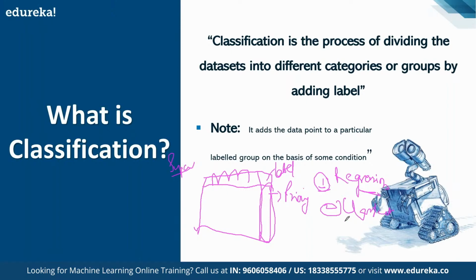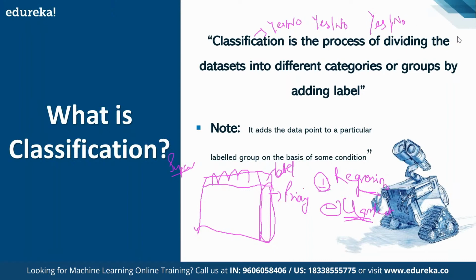Whereas if you want to predict something which is a discrete outcome, to give you an example, whether I will win the match or not. I want to predict whether a particular employee will churn out from the company or not. You want to predict whether a person will have cancer or not. You're getting my point, right?